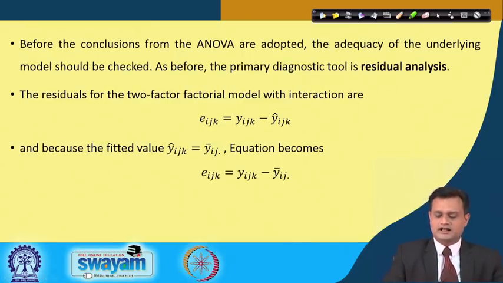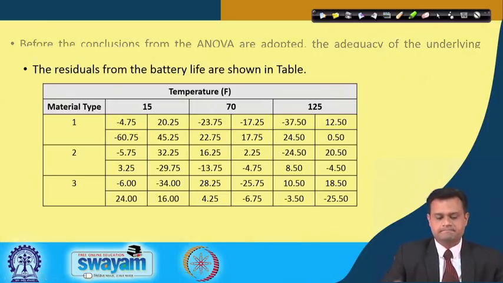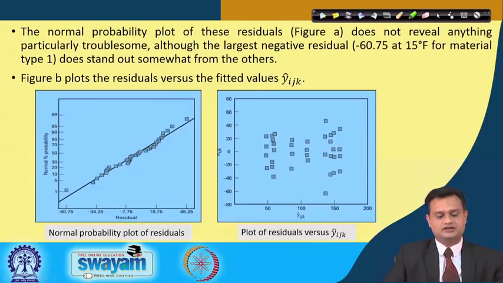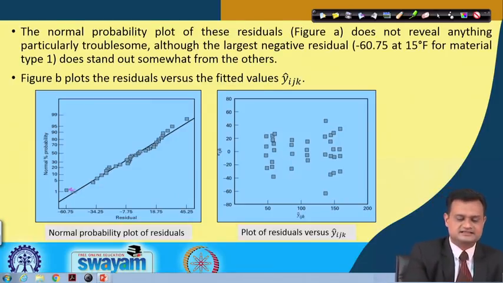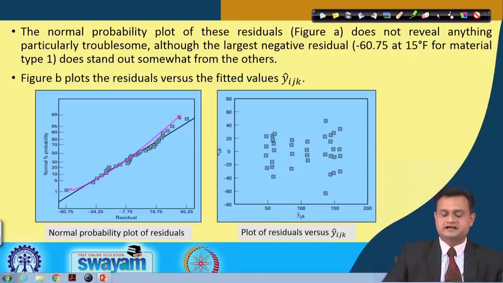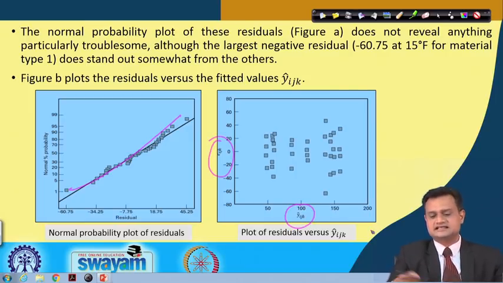You can check the model adequacy as usual by having the residual component, and you can find the residual for each particular material by subtracting it from the grand mean, and you can plot it. So more or less this is going along the line, and you have the normality assumption valid, and when you plot this you can see the scattered pattern.